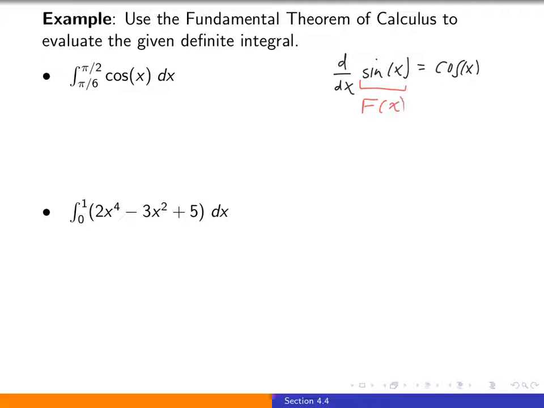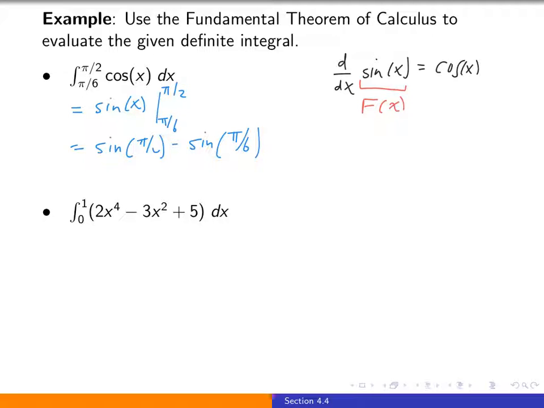So it's going to play the role of big F of x. So by the fundamental theorem of calculus, we get this antiderivative, sine x, evaluated from pi over 6 to pi over 2. So we plug in pi over 2, put a minus sign, and we plug in pi over 6.